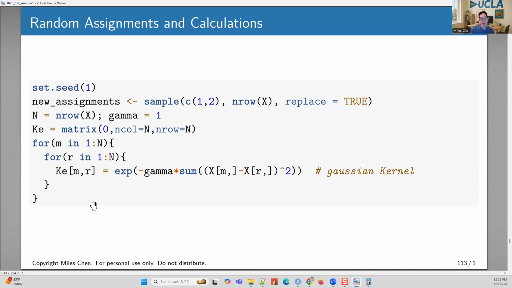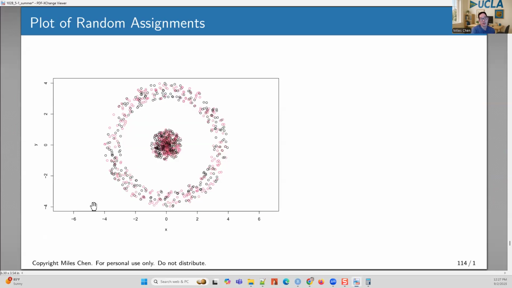Using this, I can run through the same code that I had earlier when we did the toy example with 8 data points, but now it's a bigger thing with more data points. I initially start off with random assignments.